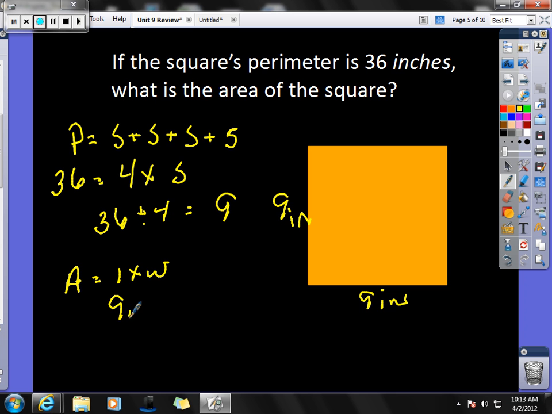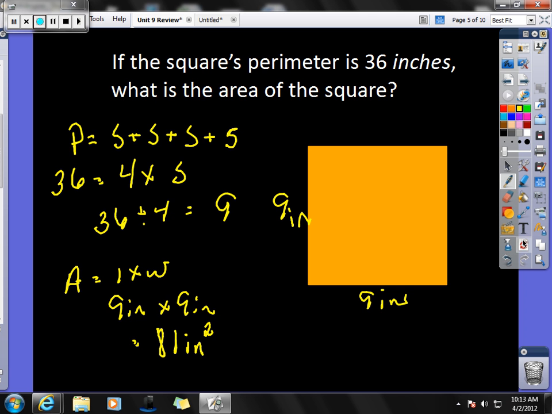I'm doing 9 inches times 9 inches, which equals 36 inches. Or no, not 36. Hello. How about 81? 81 inches squared. 81 inches squared is the area of a square if its perimeter is 36 inches.